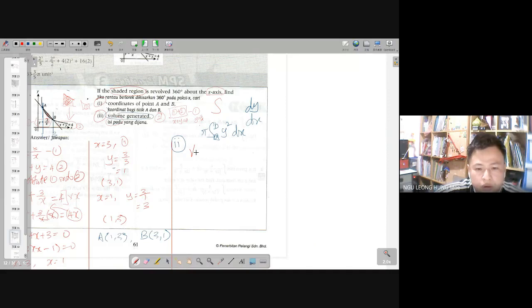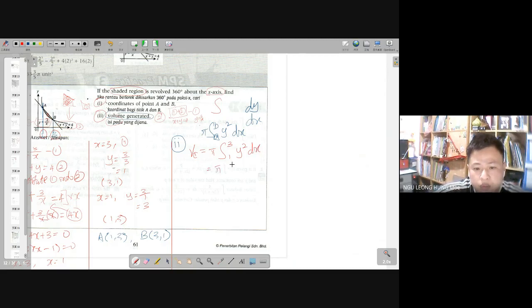The volume for equation number 1, which is y equal to 3 over x. The volume will be pi, and a and b will be 1 until 3, so the integral of y square dx.